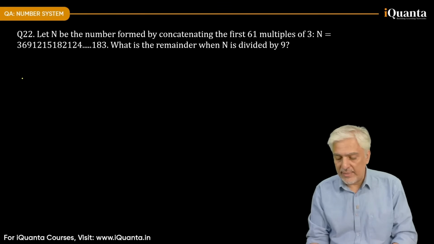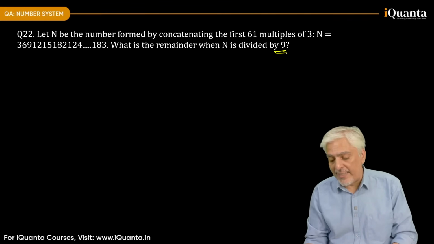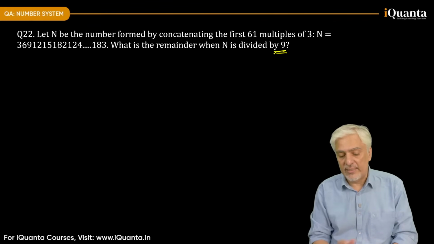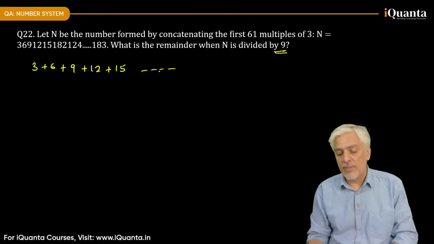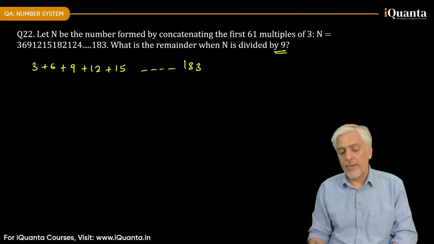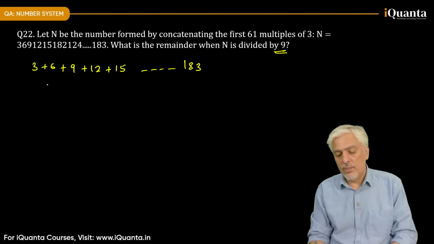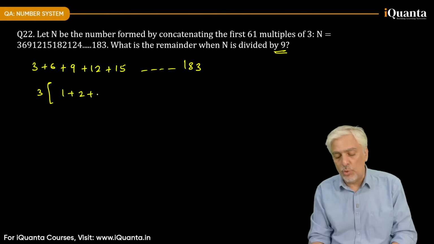So, what is this? Remainder when divided by 9. Yani I want the sum of the digits. So, this is 3 plus 6 plus 9 plus 12 plus 15 up till 183. We can take 3 common. If I take 3 common, I'll get 1 plus 2 plus 3 up till 61.